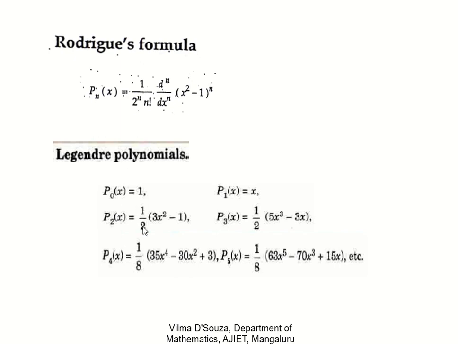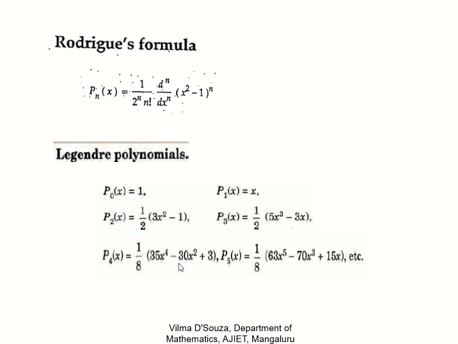You will get 1 by 2 into (3x square minus 1). Similarly, put n equal to 3. You will get 1 by 2 cube into 3 factorial, d cube by dx cube of (x square minus 1) to the power 3, and so on. So by giving different values to n, you can find P0 of x, P1 of x, P2 of x, P3 of x, P4 of x and so on.